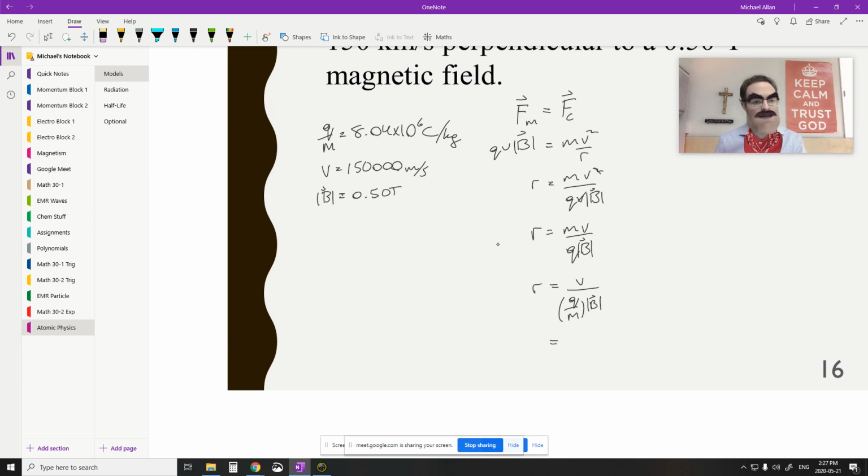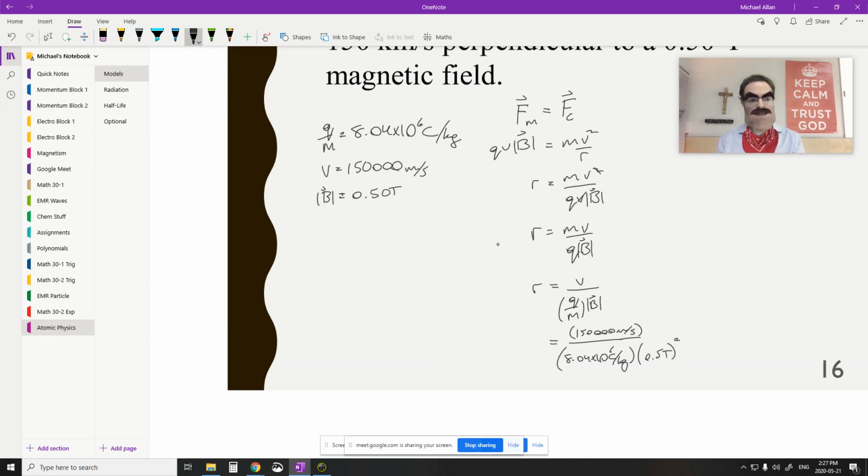So now I can substitute my numbers. 150,000 meters per second divided by the 8.04 times 10 to the 6 coulombs per kilogram and 0.5 teslas. So now I can find this radius of curvature. 150,000 divided by 8.04 times 10 to the 6, divided by 0.5.